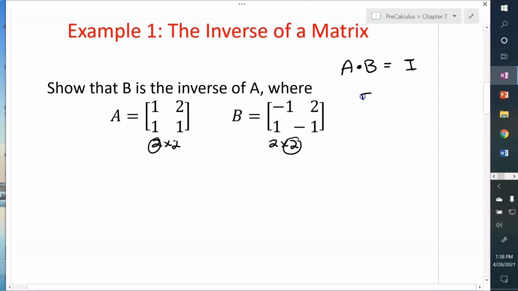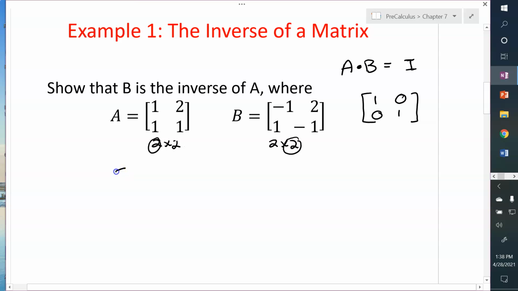The identity matrix I want is a 2 by 2. It's going to look like this: I have ones down the main diagonal, and all the other places are zeros. That's the identity matrix I'm looking for. If I get that, then A and B are inverses.